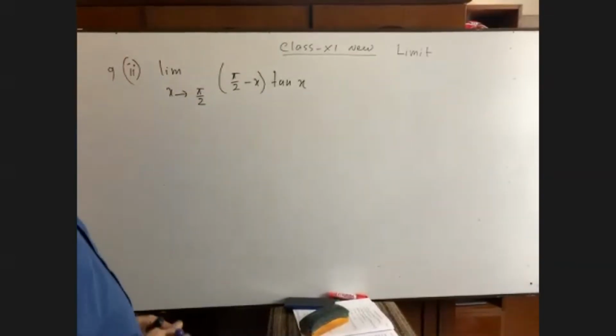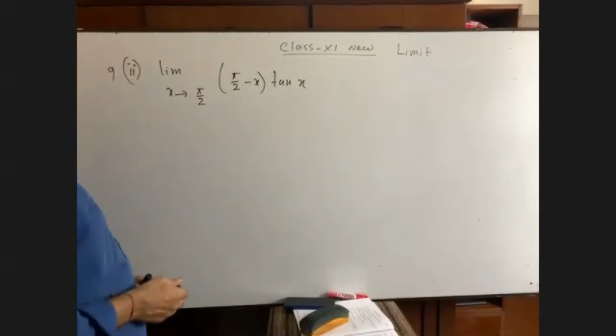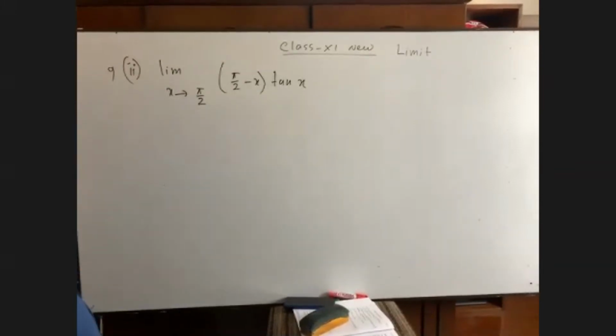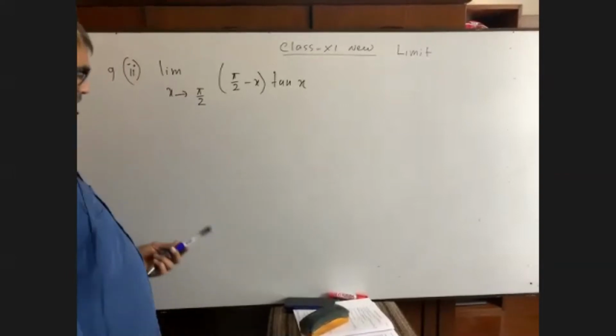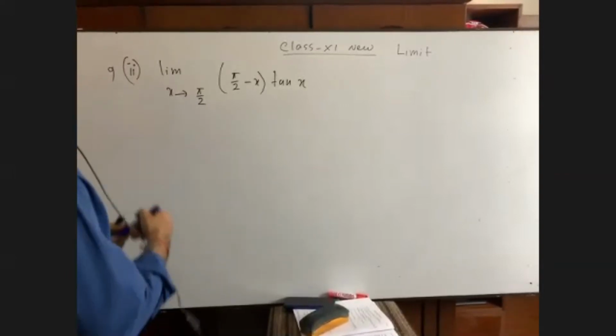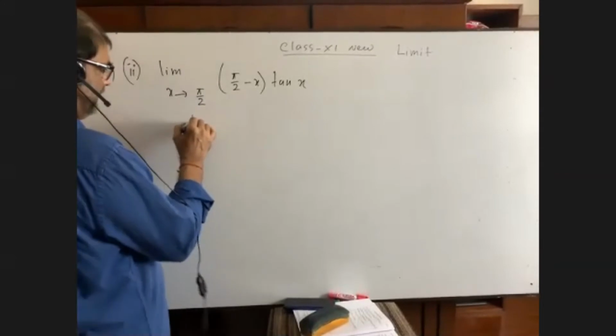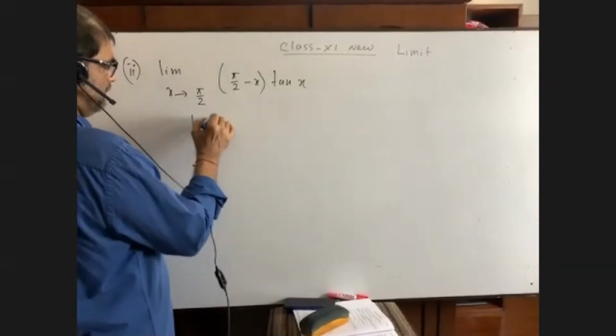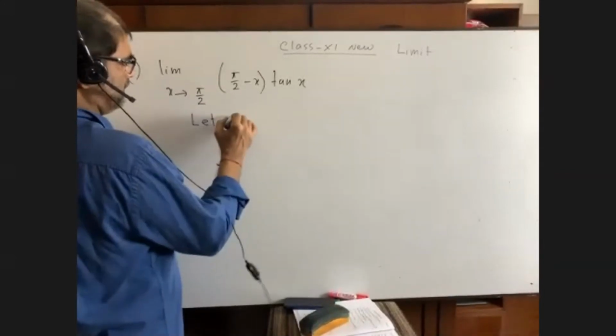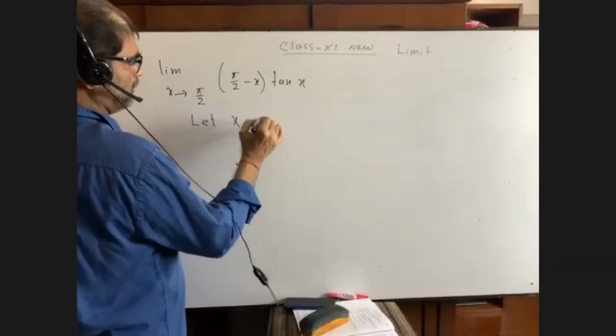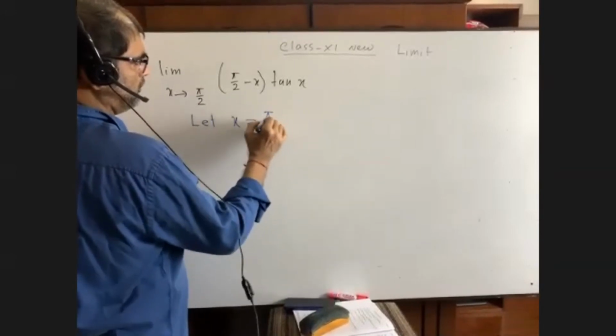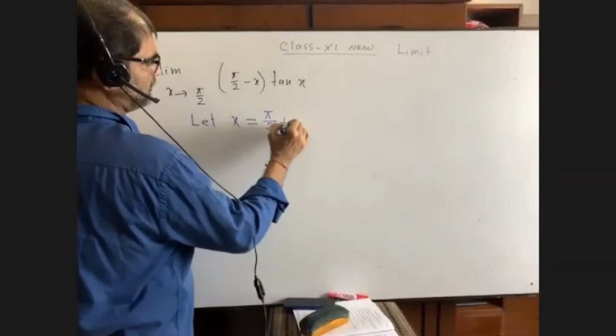If you see anywhere in the math a part like pi by 2 minus x or x minus pi by 2, then you have to write down, let x is equal to pi by 2 plus h.